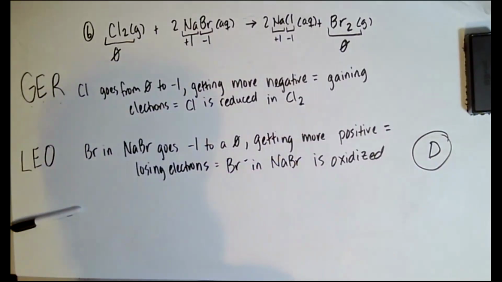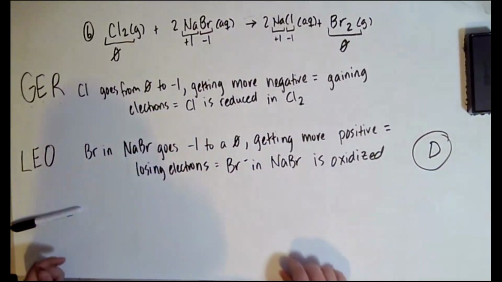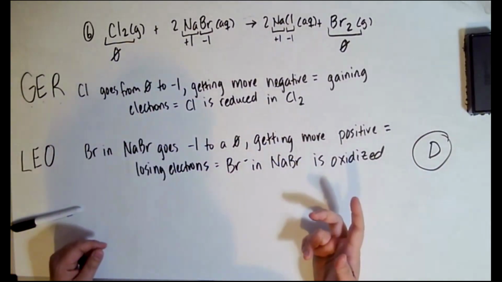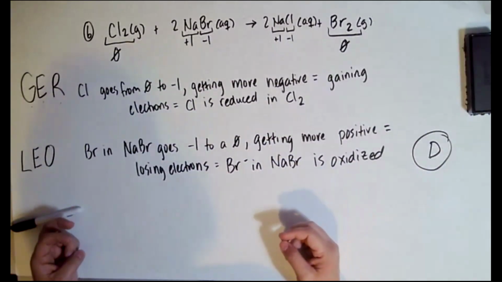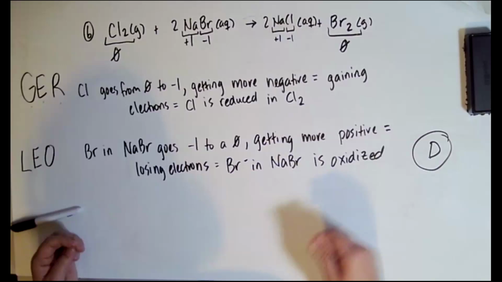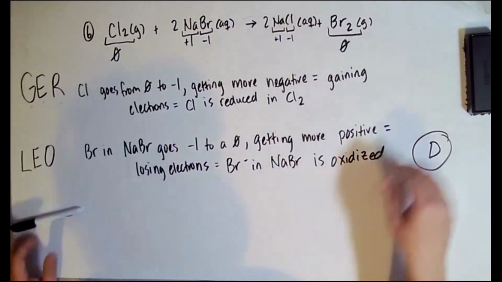All right. So again, tracking the charge changes is going to be the easiest way to tell what's being oxidized and what's reduced, especially if you're looking at a reaction where you don't have actual charges written into the reaction itself.